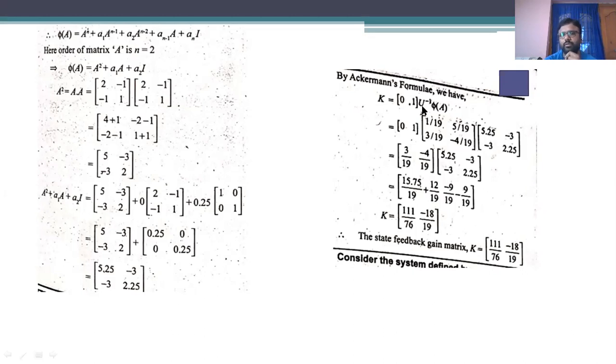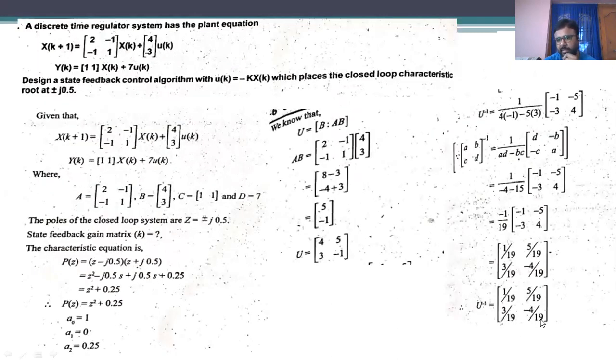0, 1 into UC inverse. U is nothing but the controllability matrix, and we have to obtain the inverse of the controllability matrix into phi of A. So 0, 1 into this inverse of the controllability matrix which we have obtained in the previous slide.